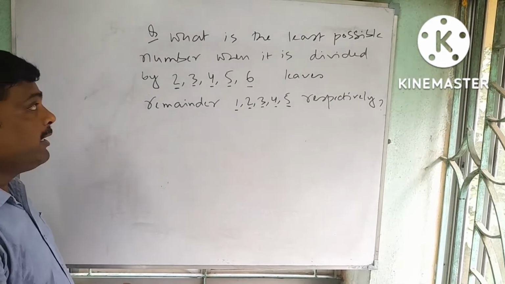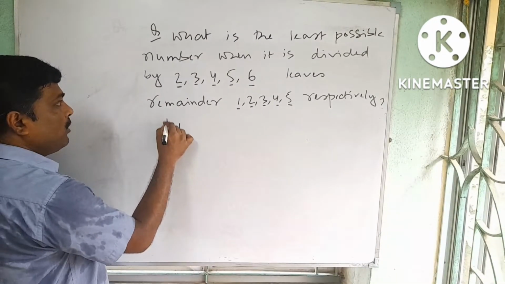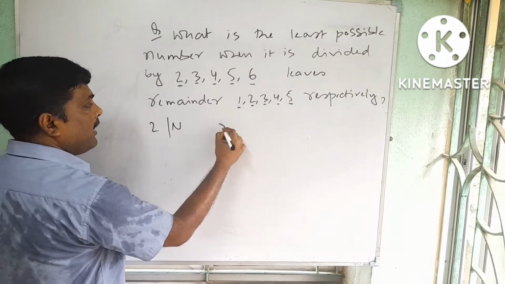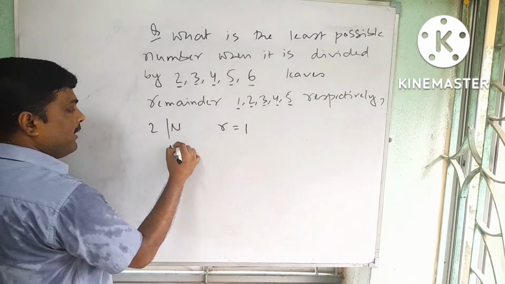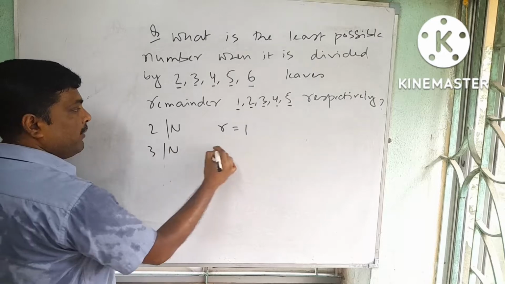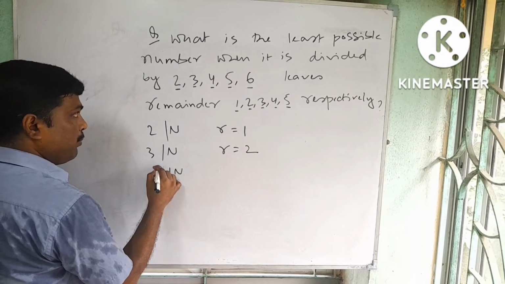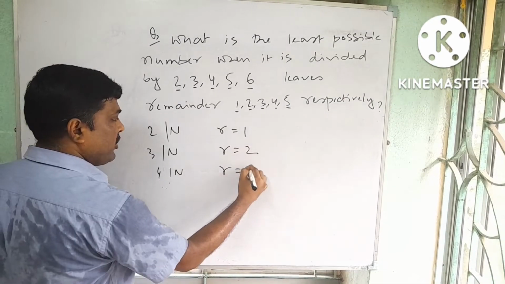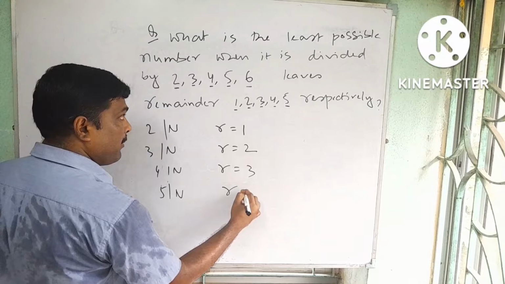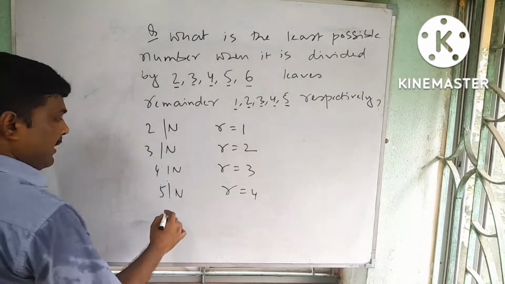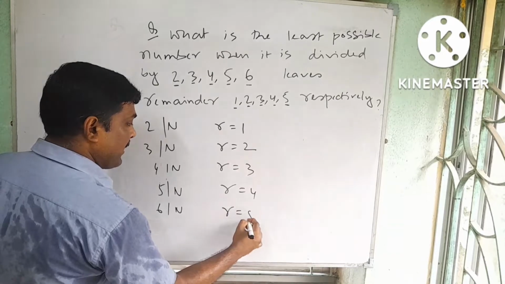We have to find the least possible number. So suppose the number is n.